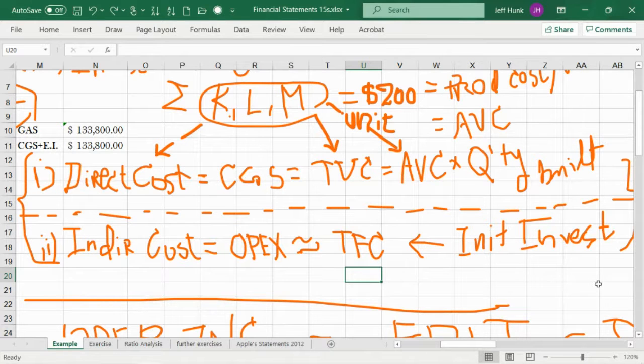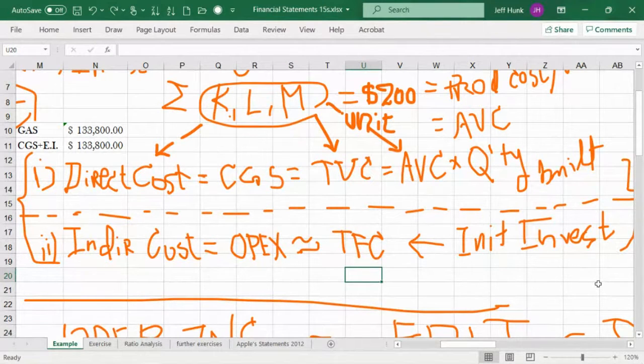So you need a construction of the plant, and once the factory building is completed, you must put the manufacturing equipment into the factory.